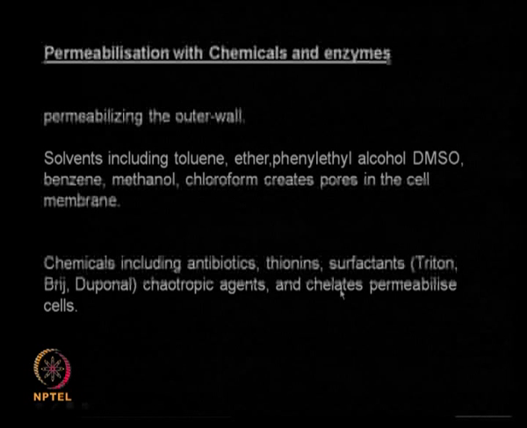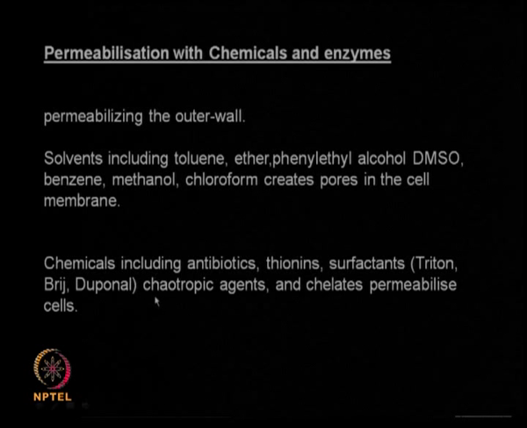We can also use chelates and even chaotropic agents; all these can be used to permeabilize the cell wall. Here they either eat away the cell material or they disturb the charged anions and cations present on the cell, which keeps the cell integrity safe. That is what these chemicals do, whereas the solvents create pores in the cell membrane and allow the intracellular material to leach out.